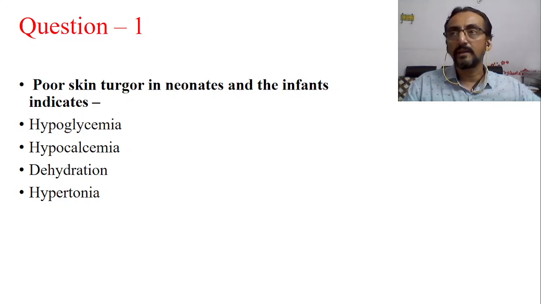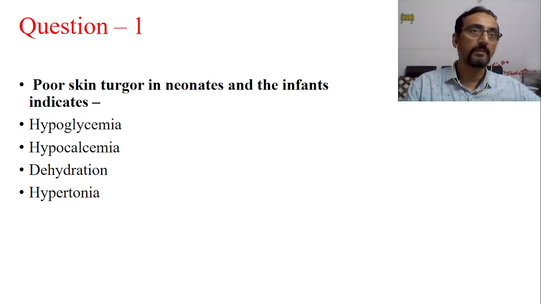In isotonic dehydration, if the serum sodium level is less than 120 milliequivalents per liter, then it is called hyponatremic dehydration. If the sodium level is between 120 and 140, we call it isonatremic. If the sodium level is more than 140, then it is called hypernatremic.